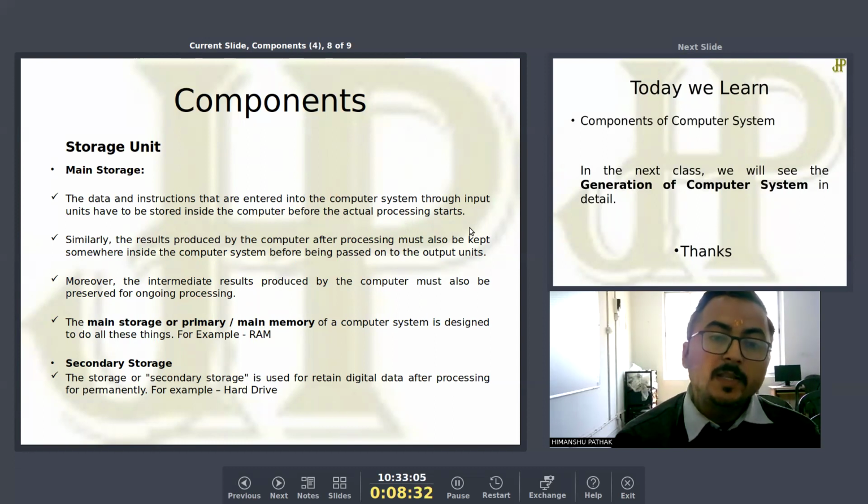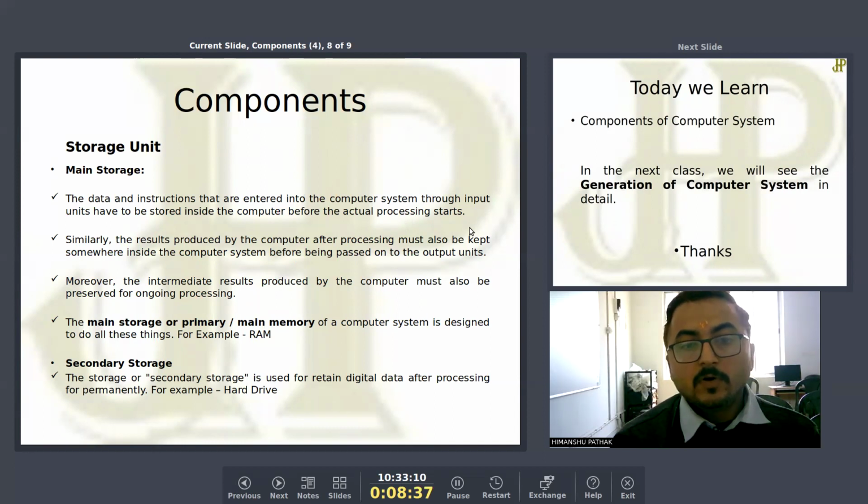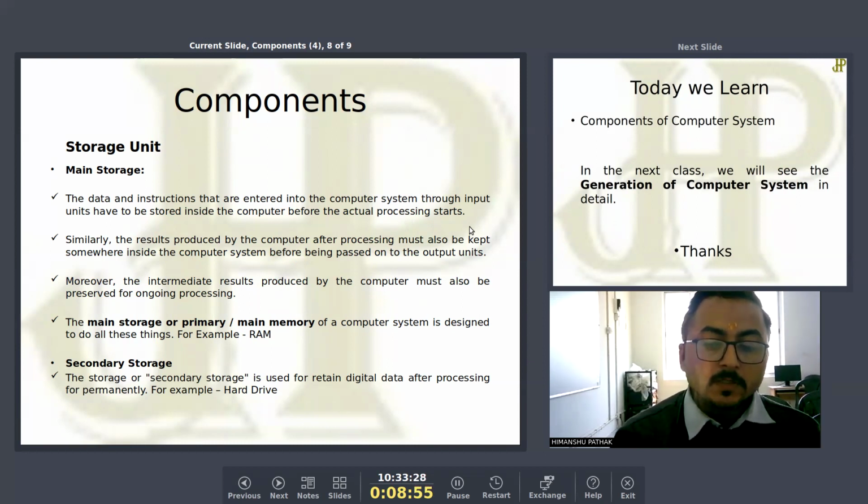Now, sometimes we need some intermediate result to be stored. For example, A plus B plus C. First of all, A plus B, whatever the result is, has to be stored, and that result must be added with the variable C. Now the actual output arrives. So intermediate results as well as the final result have to be stored.